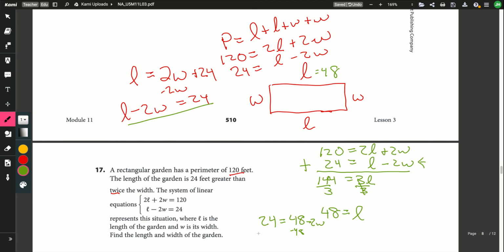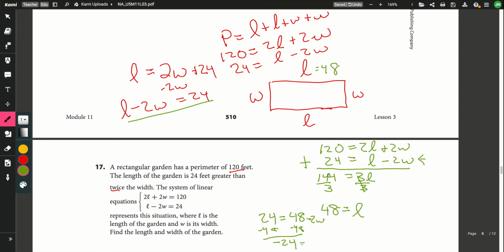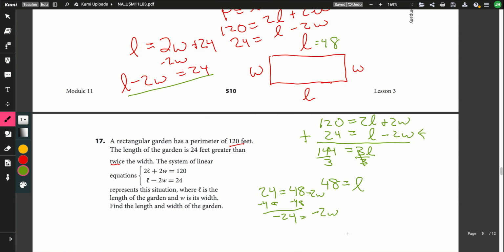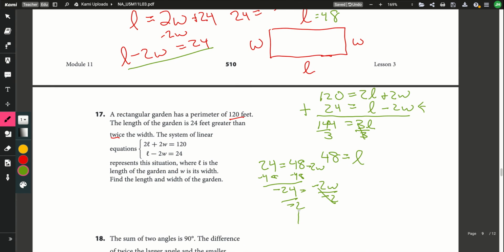Subtract 48. So that means negative 24 equals negative 2W. Divide by negative 2. 12 equals W. Okay, so then we found the length and the width of the garden.